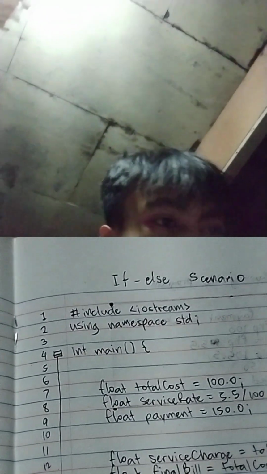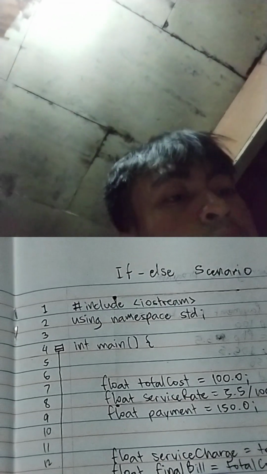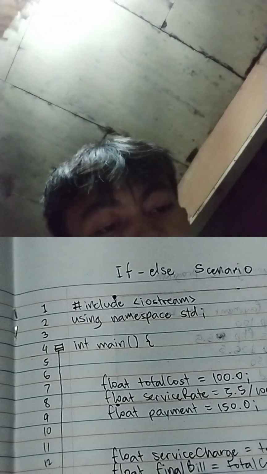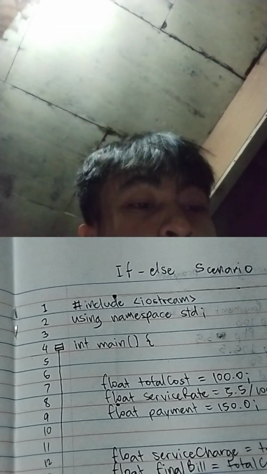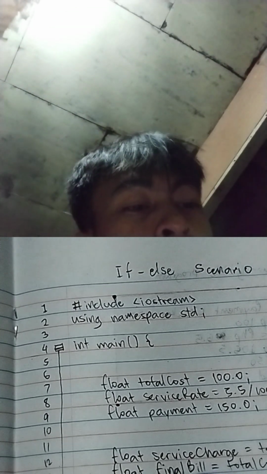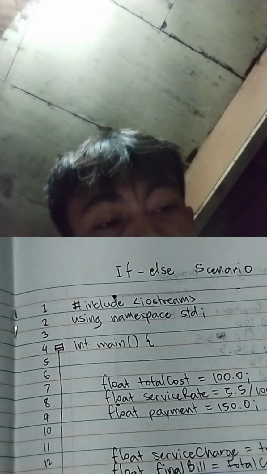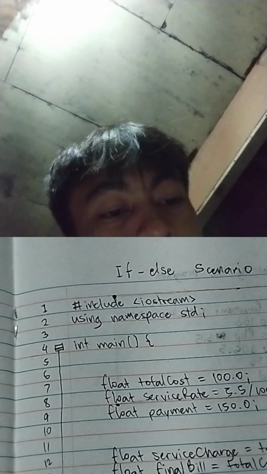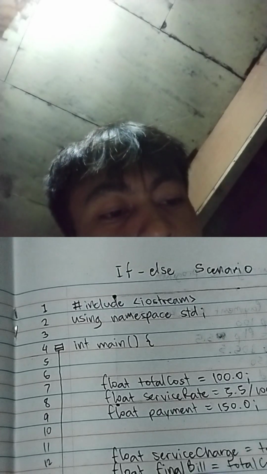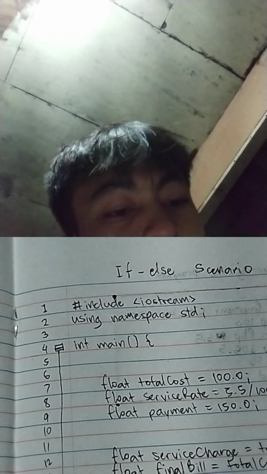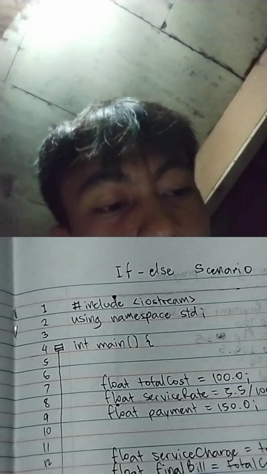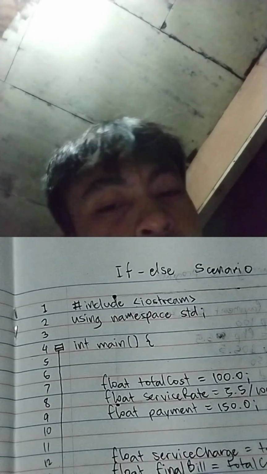So let's move on to the questions. For float questions, why is float used for the service charge? Float is used because the service charge may contain decimal values. Since percentages often produce numbers with decimals, float allows the program to store accurate values.